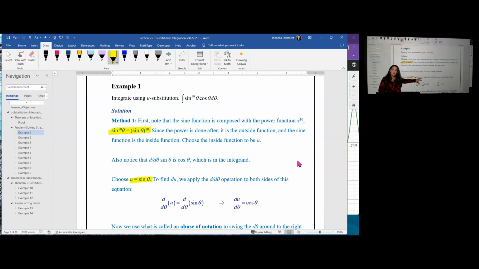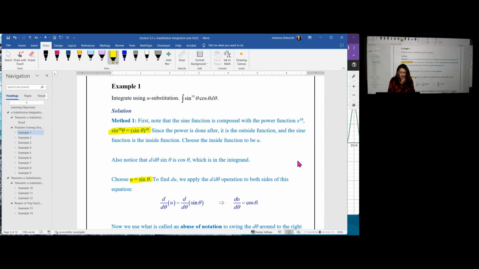To find du, we simply apply the derivative with respect to theta, the original differential, on both sides of our definition of u, highlighted in yellow here. The derivative of u with respect to theta then becomes cosine of theta.